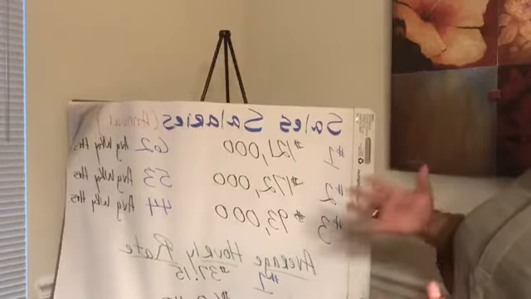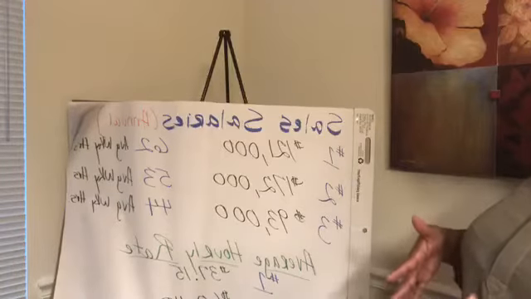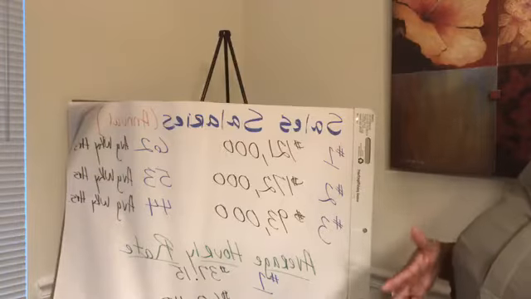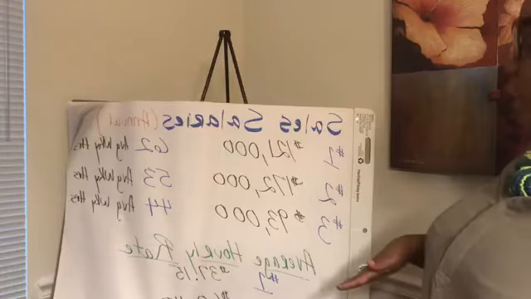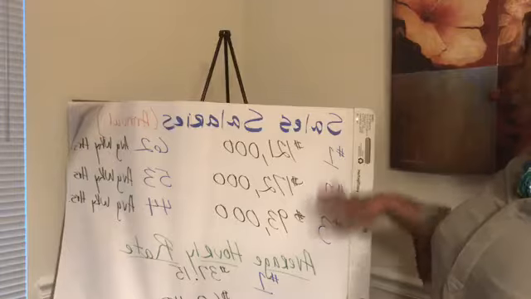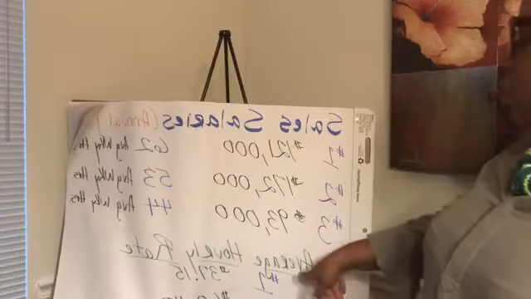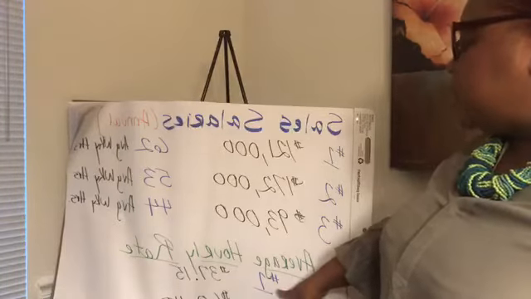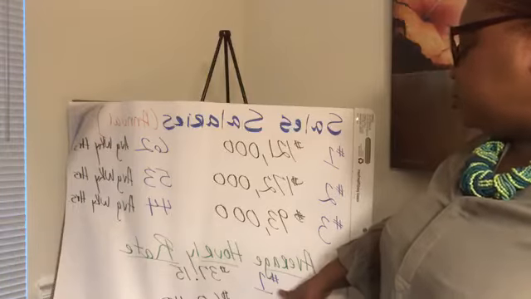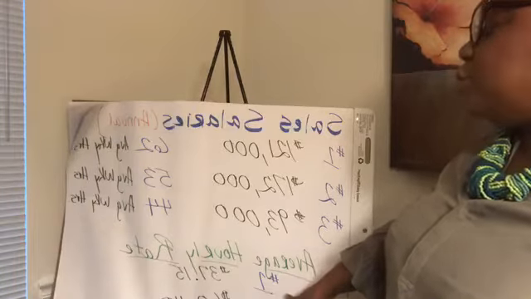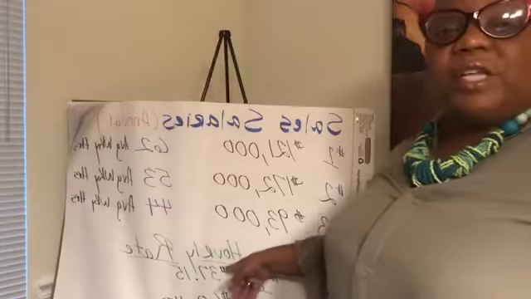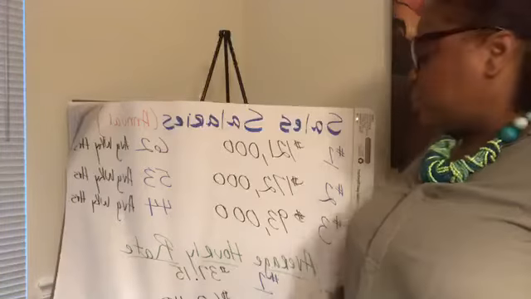If you want to break it down to hourly rate, we need to consider what the hourly rate is in order to use the information later. For salesperson number 1, who's making $121,000 a year, working 62 hours a week, the hourly rate is $37.15.